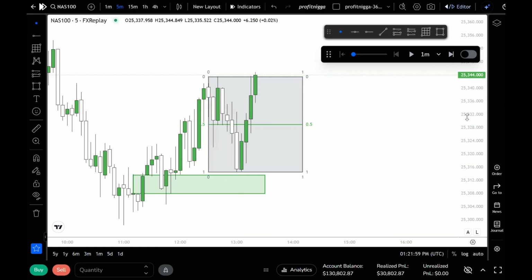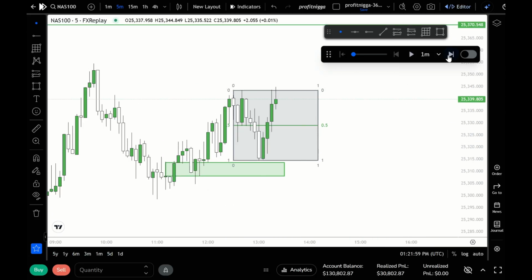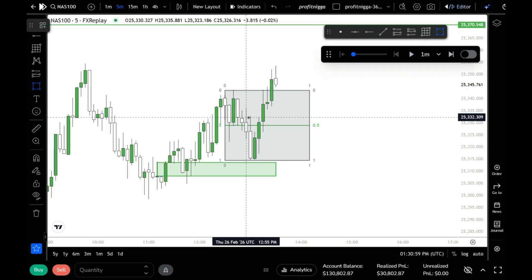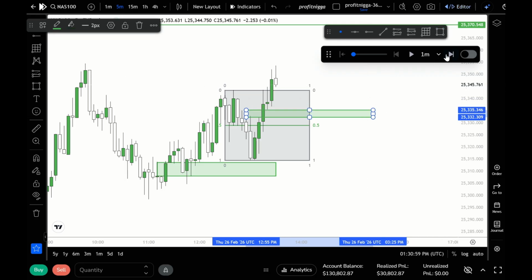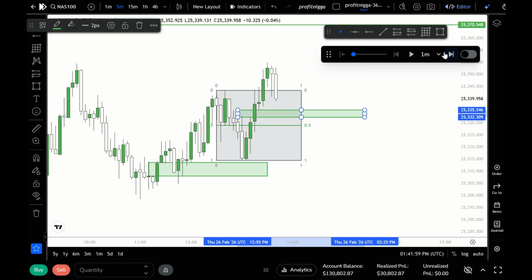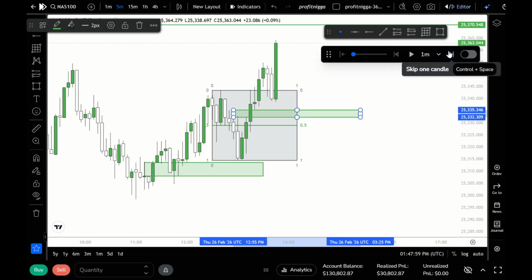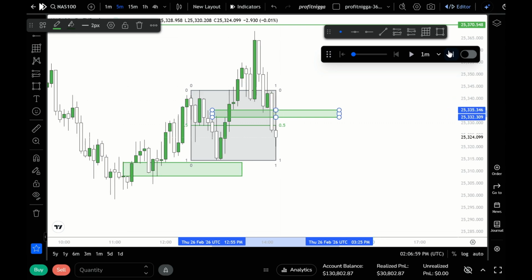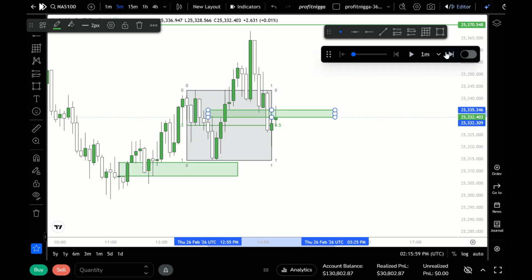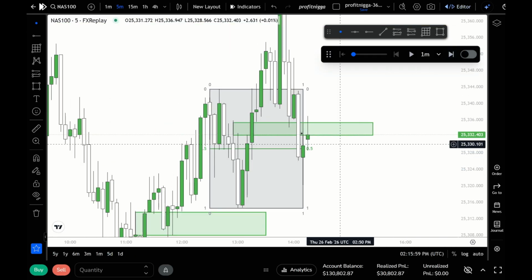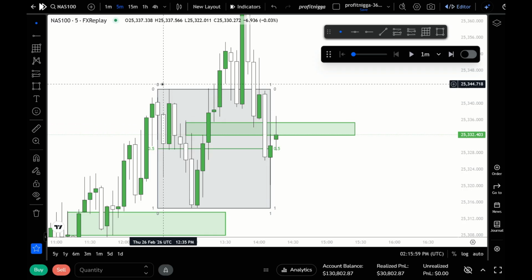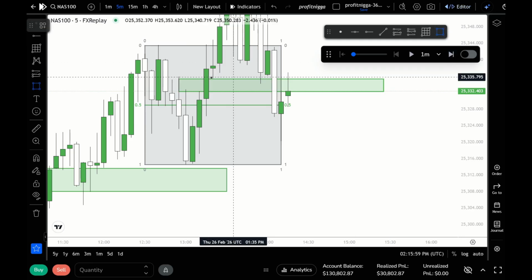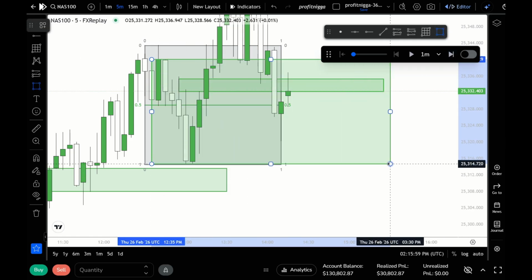We reacted off a fair value gap, then equilibrium. We also have an order block here.